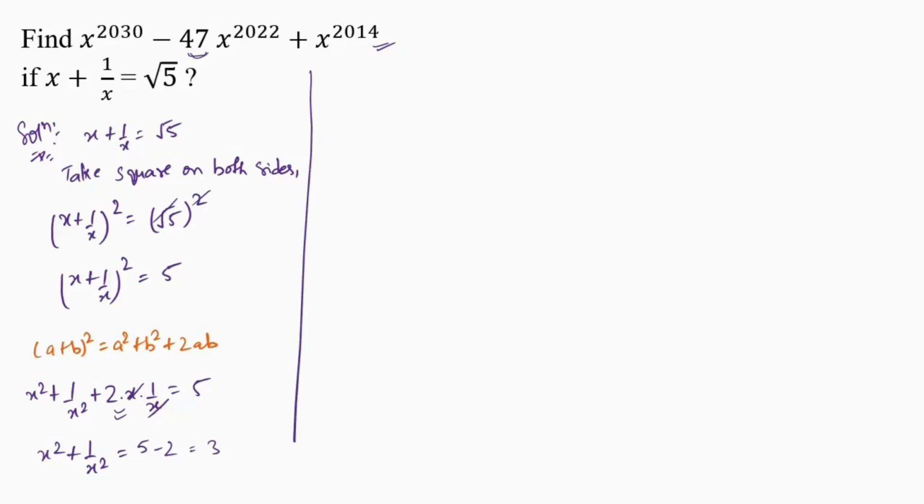So now we have the value of x square plus 1 over x square equals 3. So now again take square on both sides. We get x square plus 1 over x square whole square equals 3 square, which is 9.